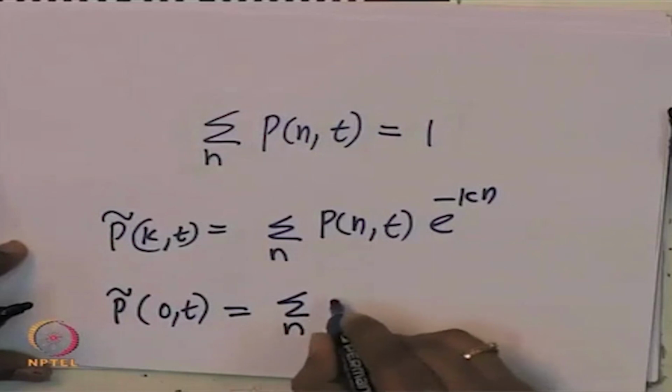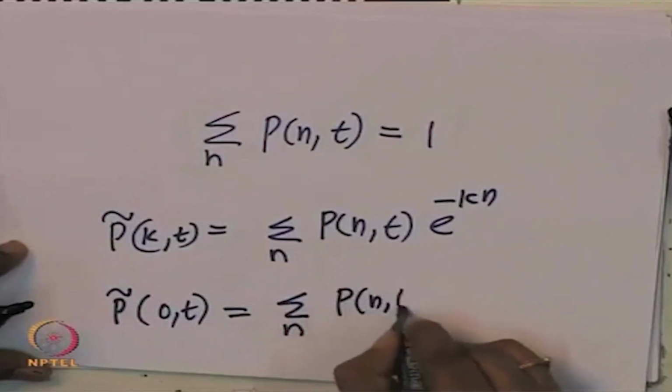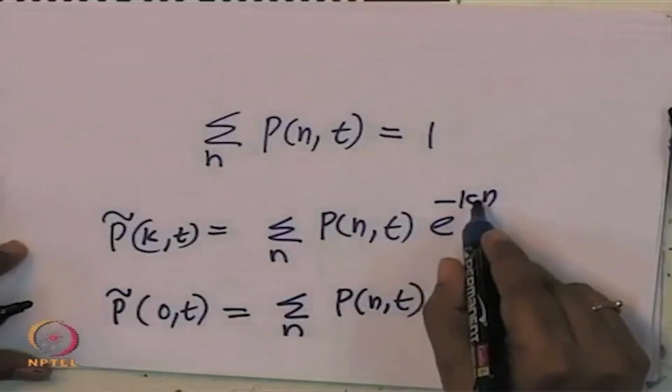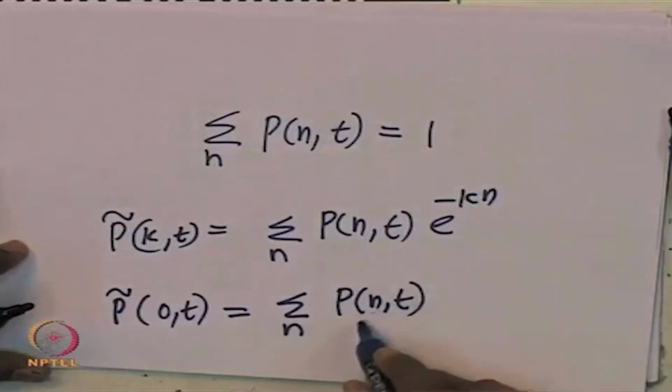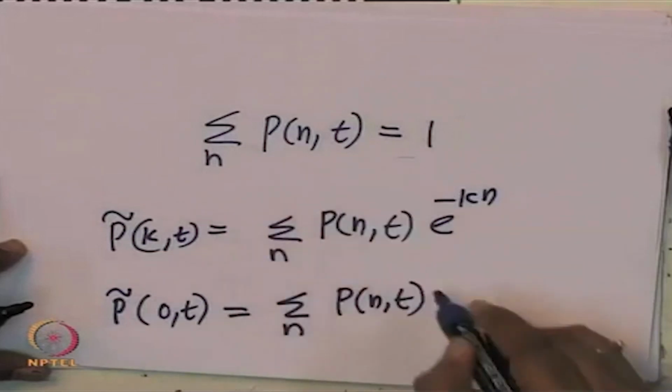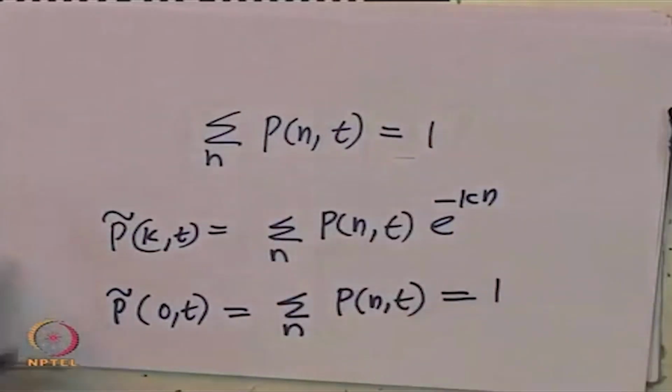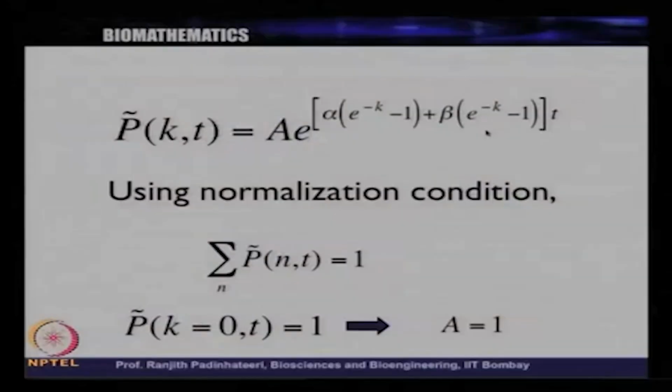You get the sum over n of p of n, t e^(-k·0). So this is 1, just the sum over n of p(n,t), and we know that the sum over n of p(n,t) is 1. So p tilde of 0, t has to be 1, and we have a solution for p tilde of k, t here.